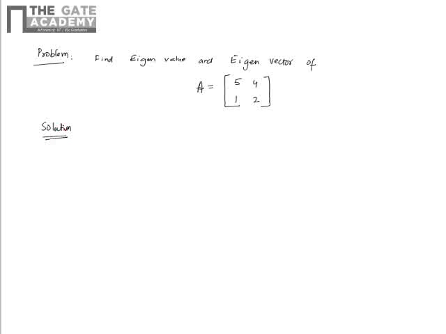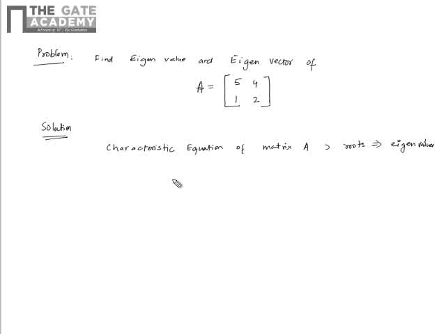This is quite a simple problem, but whatever we have defined, let's understand it. First, in order to find the eigenvalues, the main equation is the characteristic equation, which we have seen. It comes from Ax = λx. The roots of the characteristic equation of matrix A will give you the eigenvalues.